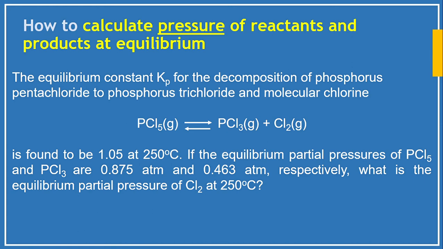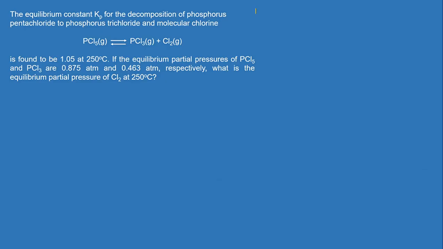If the equilibrium partial pressures for PCl5 and PCl3 are 0.875 atm and 0.463 atm respectively, what is the equilibrium partial pressure of Cl2 at 250 degrees Celsius? Ito medyo basic pa. Okay? Hindi pa natin gagamitin ang temperature dito kasi given naman yung mga values na kailangan natin to compute for Kp.